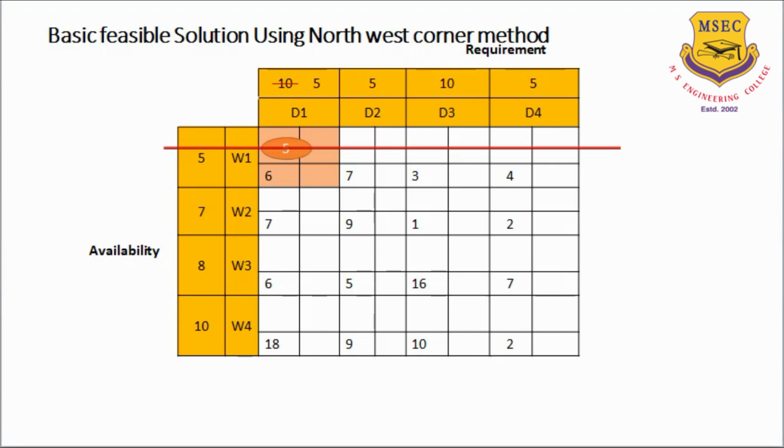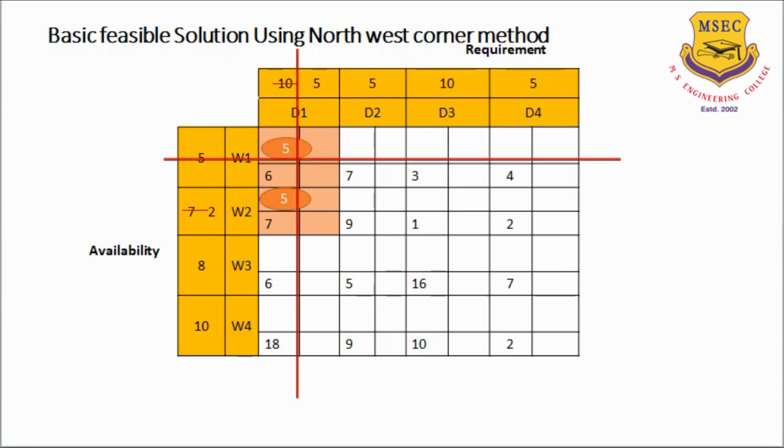The next northwest corner cell is W2 D1, where the availability is 7 units and the requirement is another 5 units. So, I can transport another 5 units from W2 to D1. By doing so, the requirement at D1 is completely satisfied and the availability at W2 gets reduced to 2. So, I cancel the column D1.